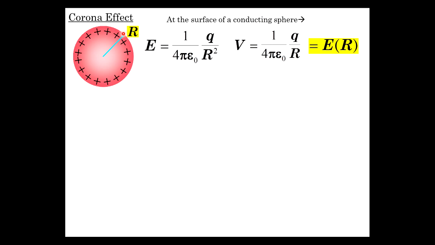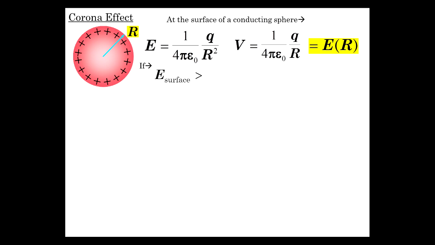But really, the potential here is based on integrating the E field out to infinity, and that would give you the same result as well. So there's really no E field inside here, but the E field that exists out here is this value, and the potential is this value, which mathematically equates to E times the radius of the sphere itself.